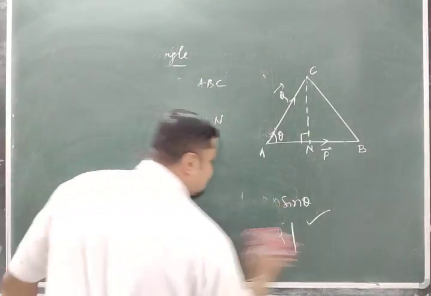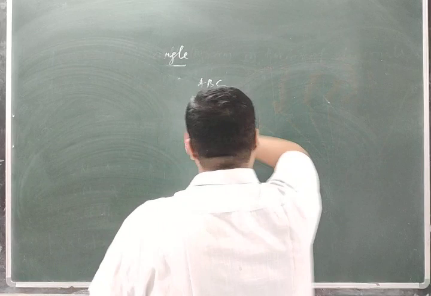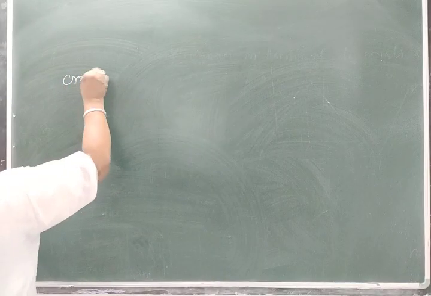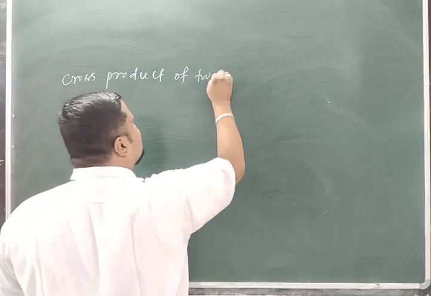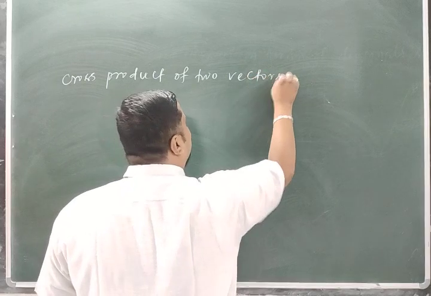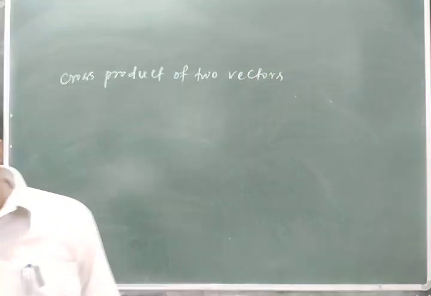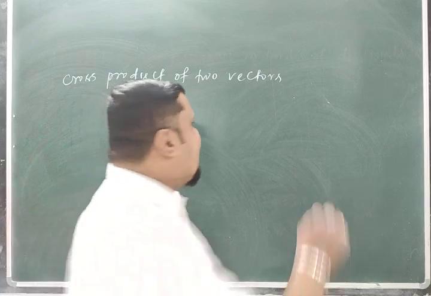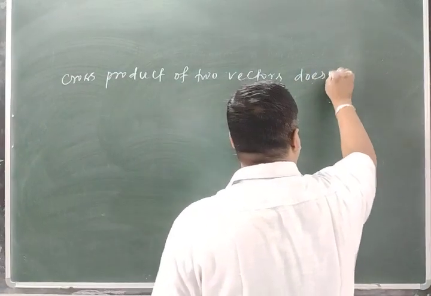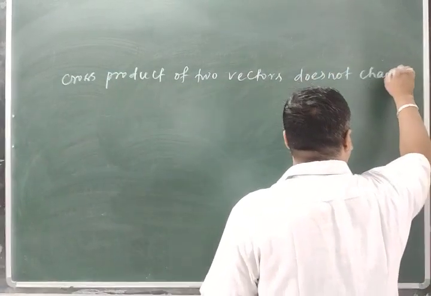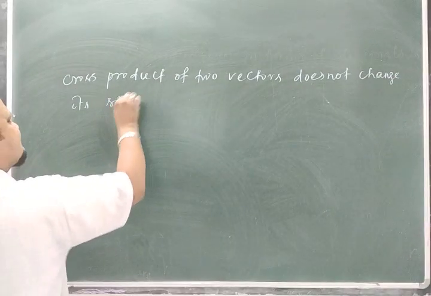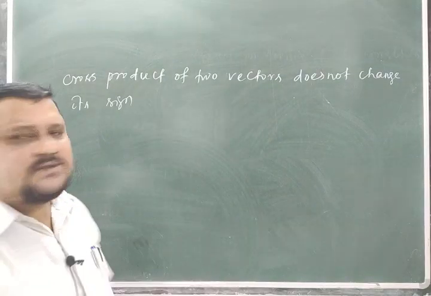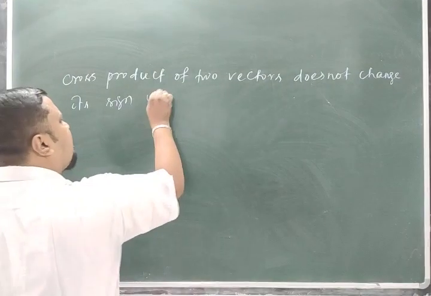Let me explain this. The cross product of two vectors does not change its sign under reflection.